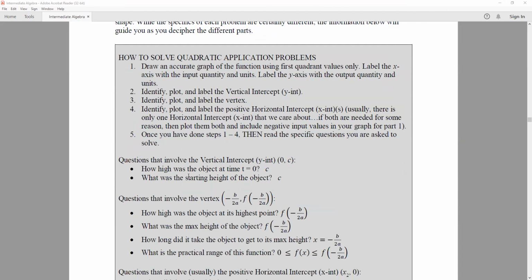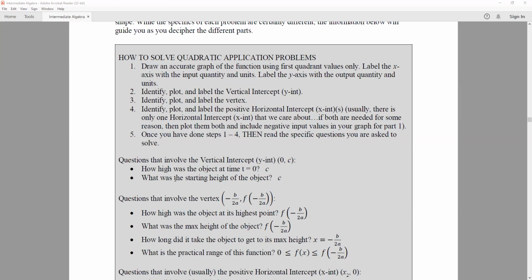So it's going to say how high was the object at time t equals 0. Now, at time t equals 0, x is 0. So you're finding how high, that is if y is the height. How high means that you are finding what? The y-intercept, the y value, right? Because t is 0 or x is 0.